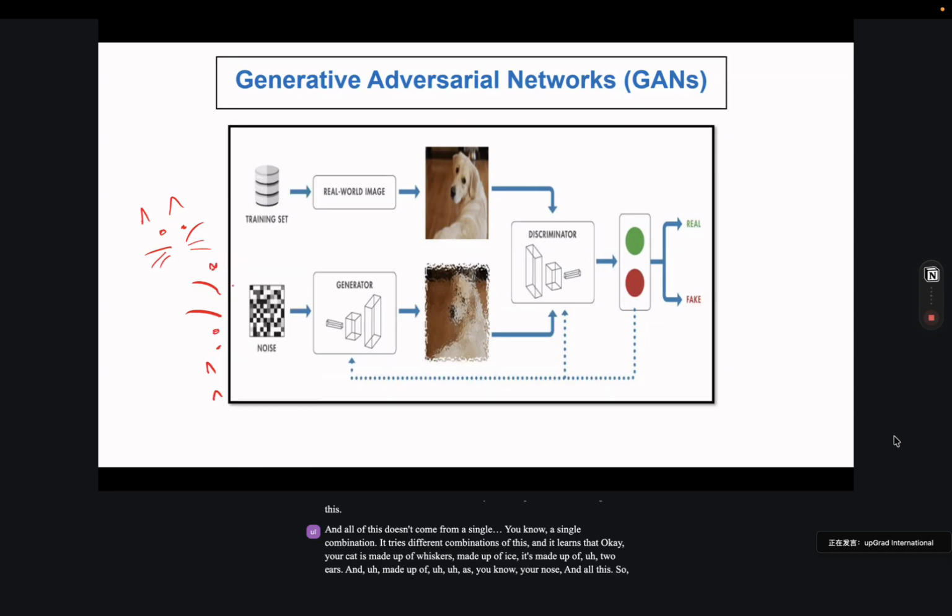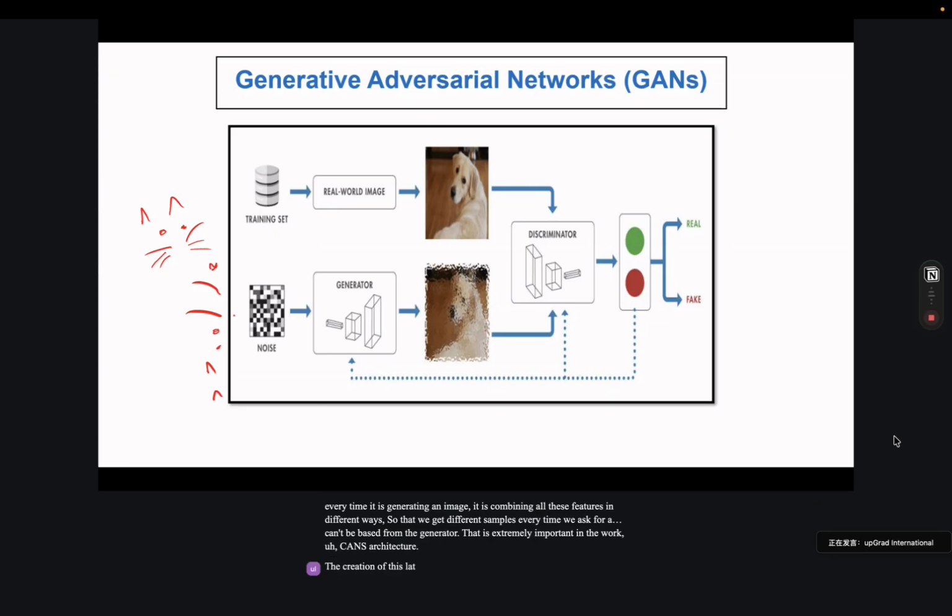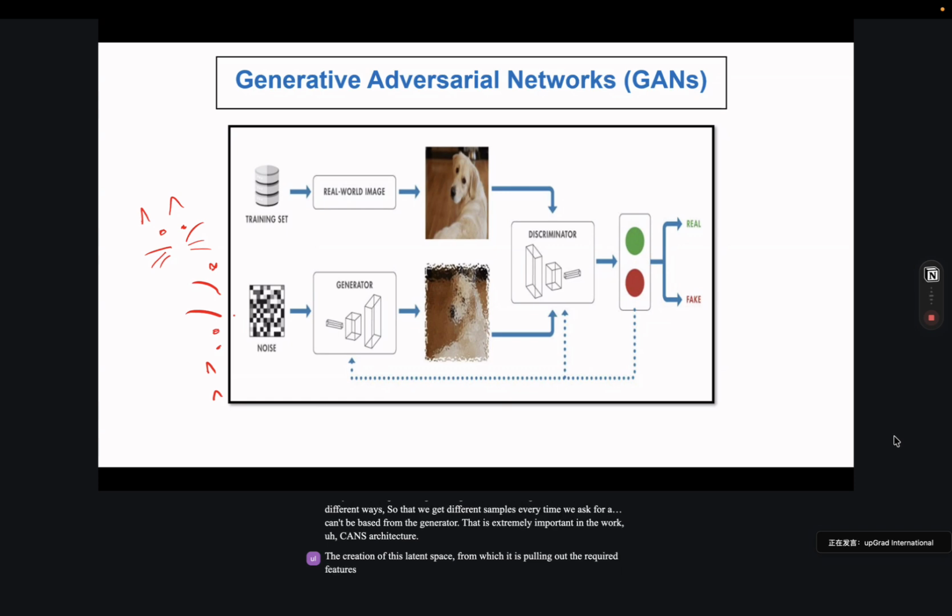So every time it is generating an image, it is combining all these features in different ways so that we get different samples every time we ask for a cat image from the generator. That is extremely important in our GAN architecture: the creation of this latent space from which it is pulling out the required features which define what we want the generator to generate.